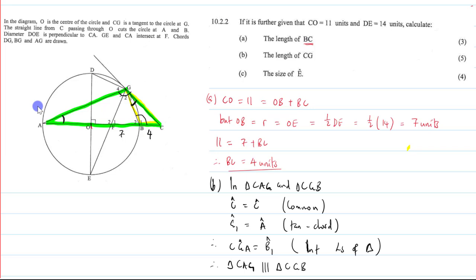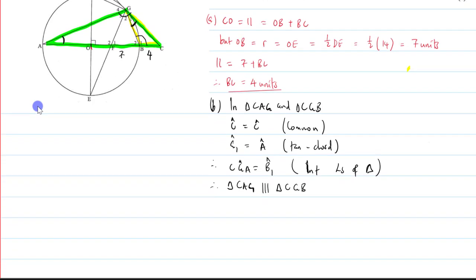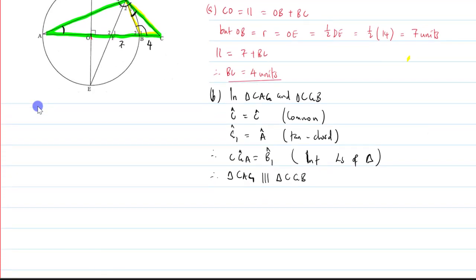We're looking for CG. If you allow me to make more space here, I'm starting with the ratio of the side that I'm trying to work out. CG over CB will have to equal CA over CG, or it's not equal, but it corresponds to CG.